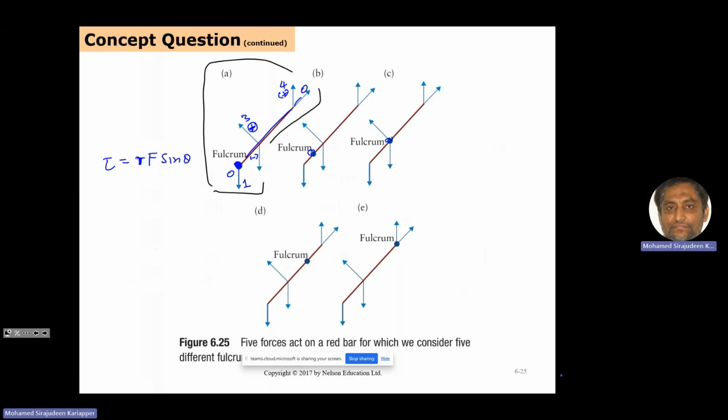I can adjust the clockwise torque to be equal to the counterclockwise torque. So I can make the net torque equal to 0. We have to pick the one that cannot be made 0. That means A is out.